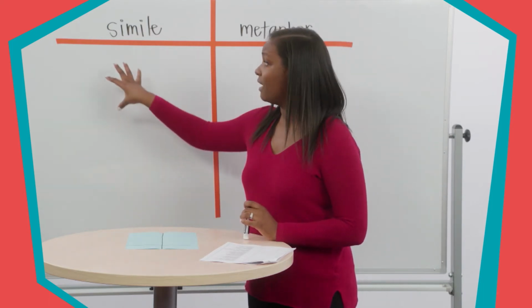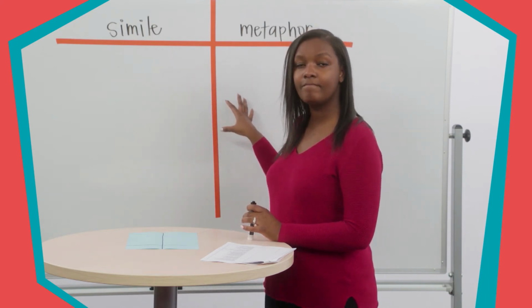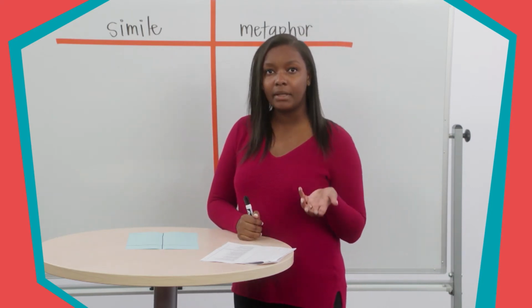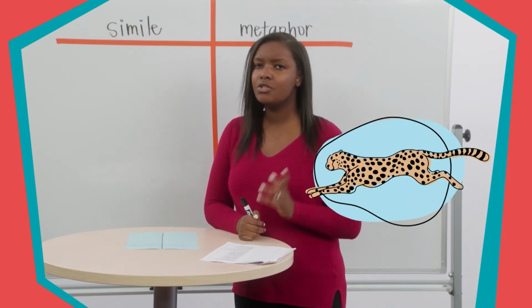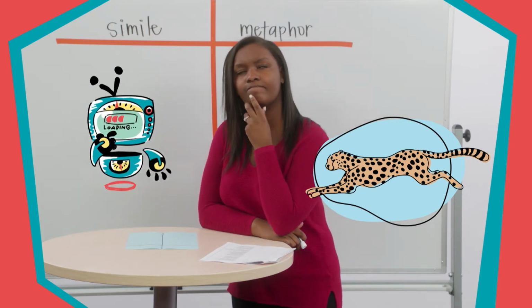So let's also make sure we leave enough space on our T-chart so that we have space to write our definition, okay? So when I gave you the definition of simile, the example I provided was, he is as fast as a cheetah. So with this example in mind, how might we define simile?